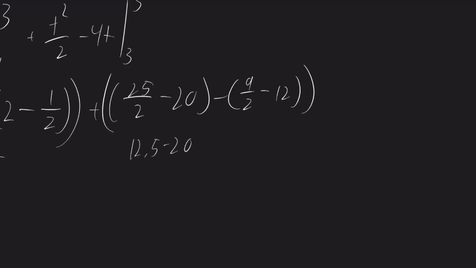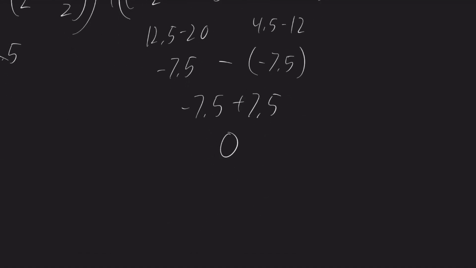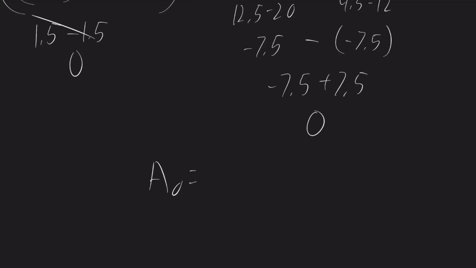Then minus 20, which is negative 7.5. Then here we have 9/2, which is 4.5, minus 12, which is again negative 7.5. So we have this negative sign here. So we have negative 7.5 plus 7.5, which is 0. So A naught is going to be 0.